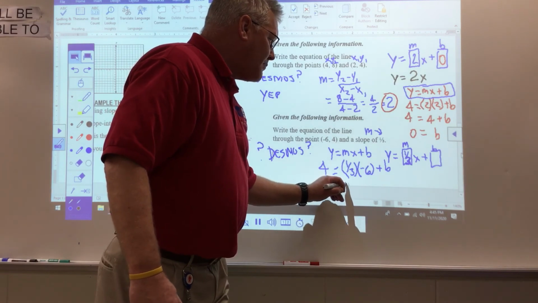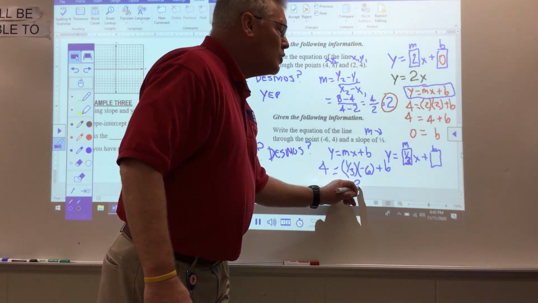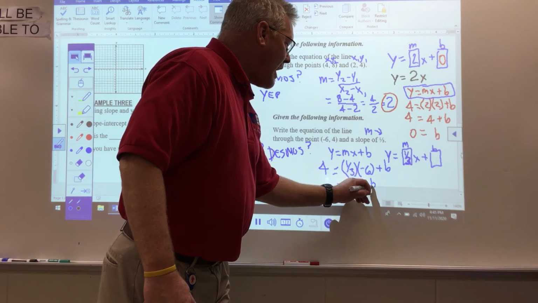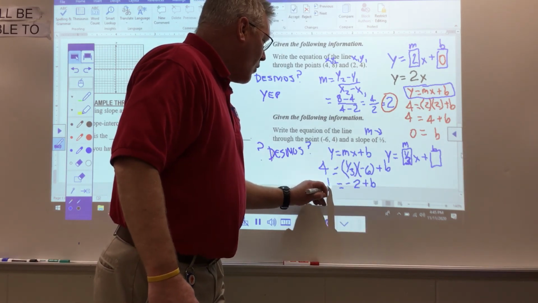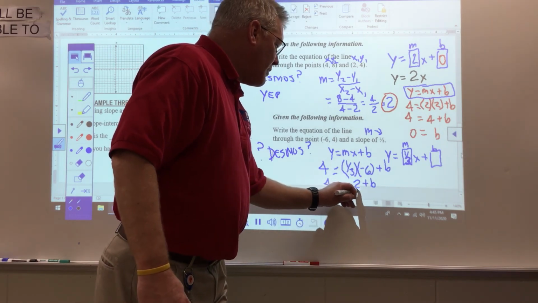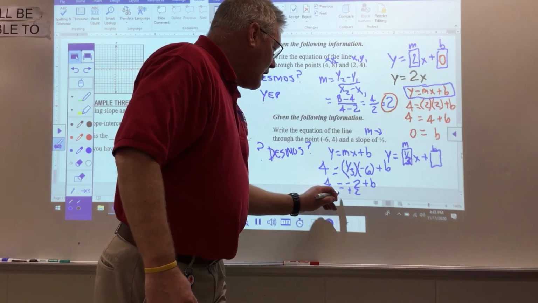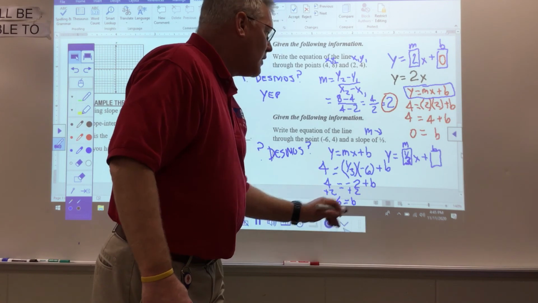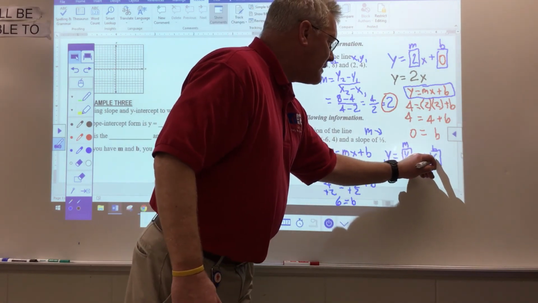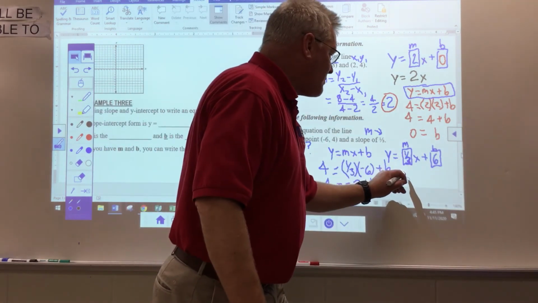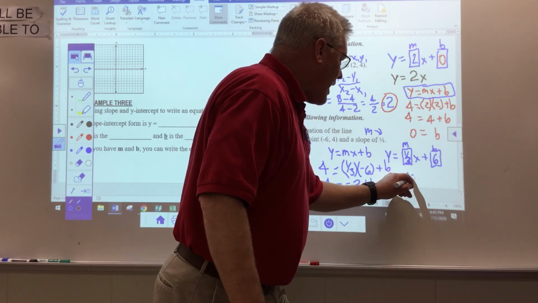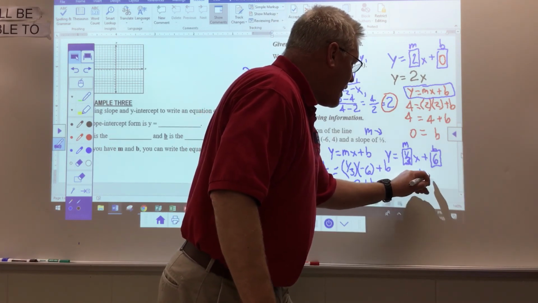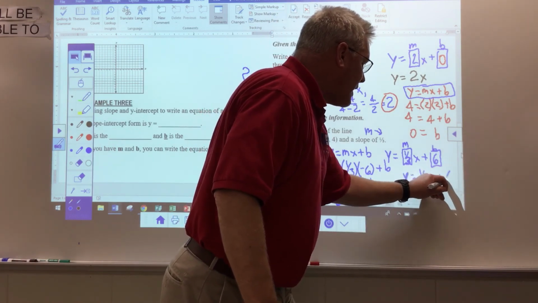I think that's going to be negative 2 plus some b value has got to equal 4. So I add 2 to both sides, and I have b is equal to 6. So I'm going to write a 6 in there. Now I'm going to clean all that up. Here's my final equation. y is equal to 1/3 x plus 6.